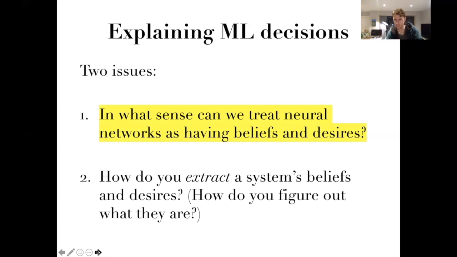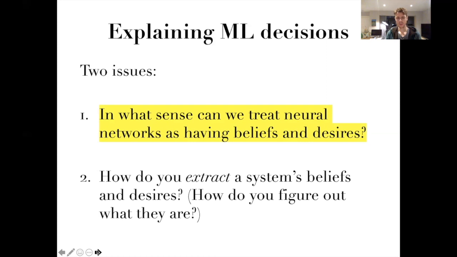It's not a literal ascription of belief and desire, it's a functional ascription. In other words, ascribing belief desire states to an artifact can be coherent if that ascription gives you predictive leverage. And I think that it does. But I don't have time to explain why I think that's true.